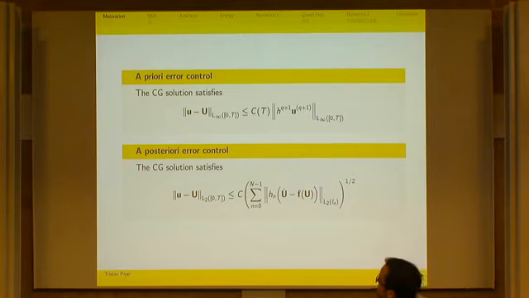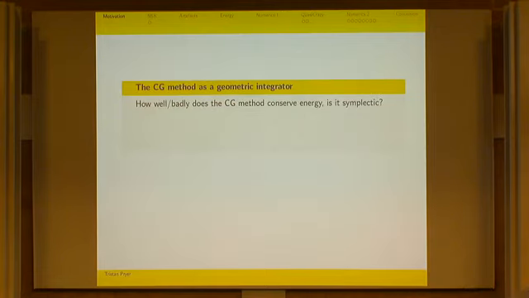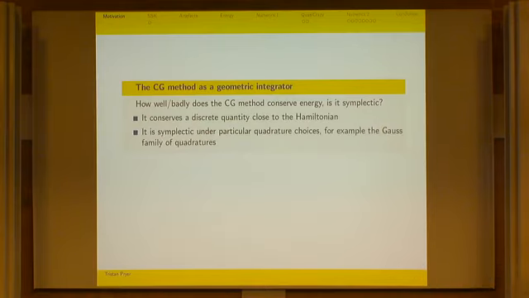That's kind of neat. But what if I tried to use it as a geometric integrator? How does it behave? Does it conserve energy? Is it symplectic? I'll summarize the points. I won't go into the details. It does conserve something close to energy. It conserves a discrete Hamiltonian that is not too far away.